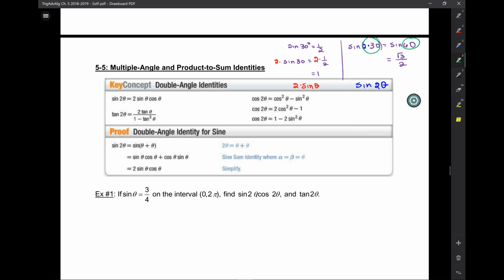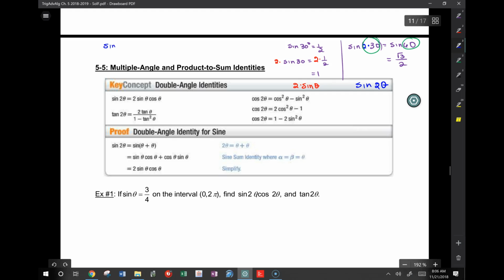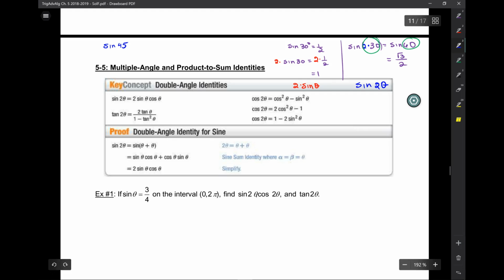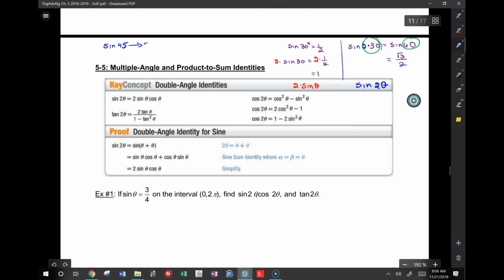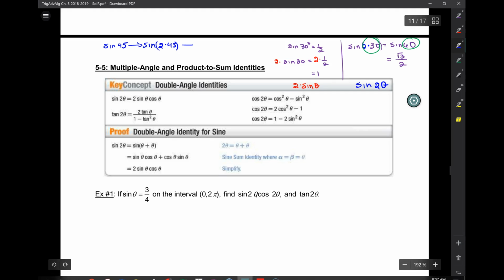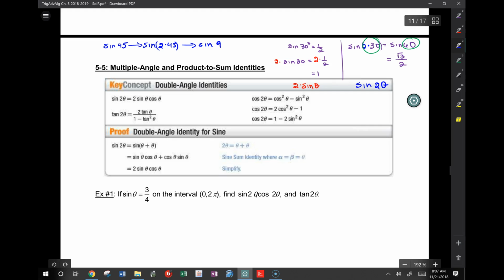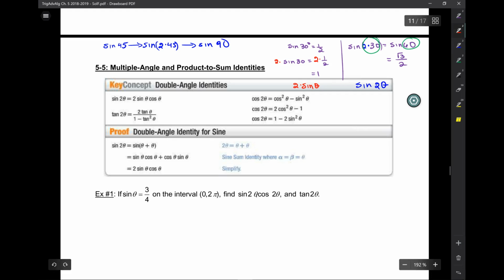Same thing if you had sine of 45 degrees. Now if you did sine of 2 times 45 degrees, that's sine of 90. Do you see how you start from one part of the unit circle, and sine of 2 times the angle is an entirely different portion of the unit circle?